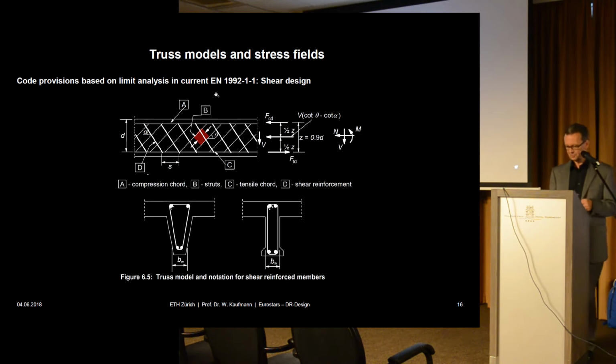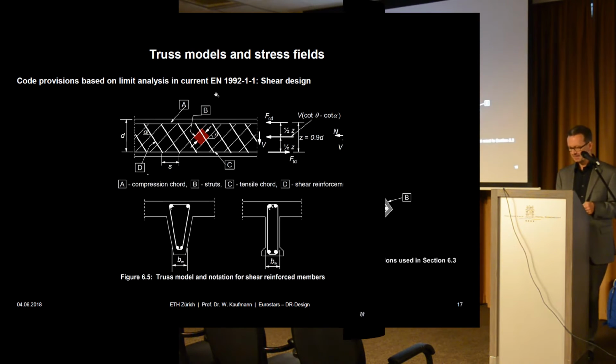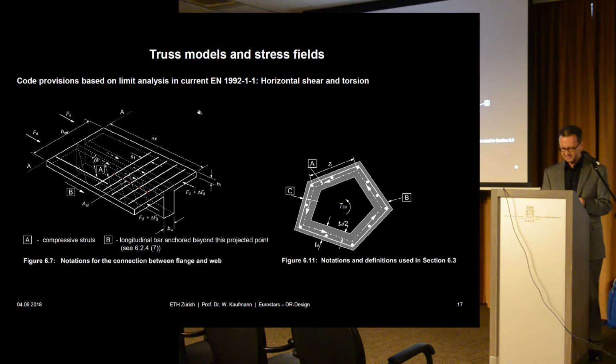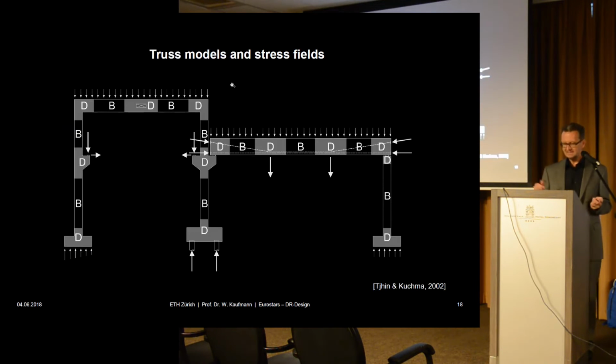So we have it for shear design of girders. We have it for longitudinal shear here with my nice, not so nice marks down there. We have it for torsional design. It's also stress fields. And then, of course, this nomenclature that we have here, we can use that for any D region, a term introduced by Professor Schleich, D for discontinuity.